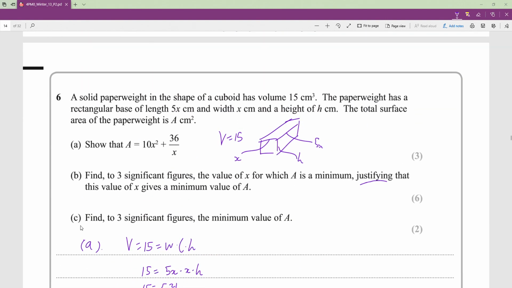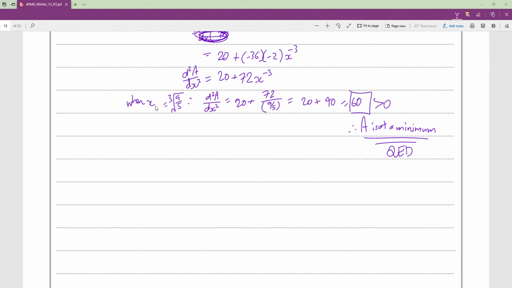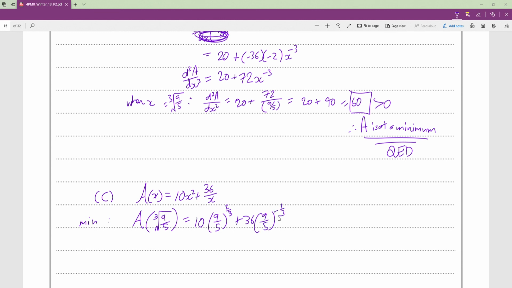So now, finally, we must find, to three significant figures, the minimum value of A. What we do is we plug in this value of x back into our original function for A. So for part c, if A(x) is 10x squared plus 36 over x, the minimum, in fact, is A of the cube root of 9 over 5, which is 10 times 9 over 5 to the power of 2/3, plus 36 times 9 over 5 to the power of negative 1/3, because it's over x.